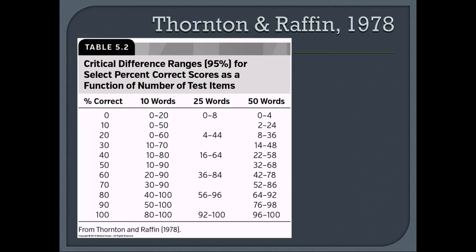This is the Sprint chart. This is the Dubno chart I was telling you about. Where it's comparing PTA on the left to percent correct on the top.